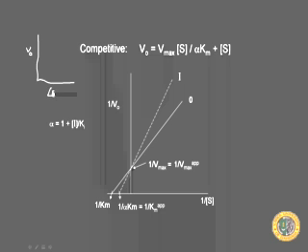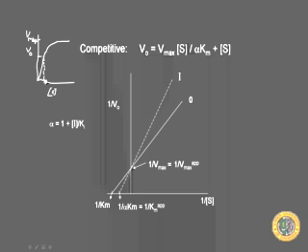If we get a hyperbolic curve, much like this one I'm trying to draw with my mouse, where we reach saturation or approach maximum velocity, from this we can estimate Km, which is the substrate concentration that gives you half the maximum velocity.